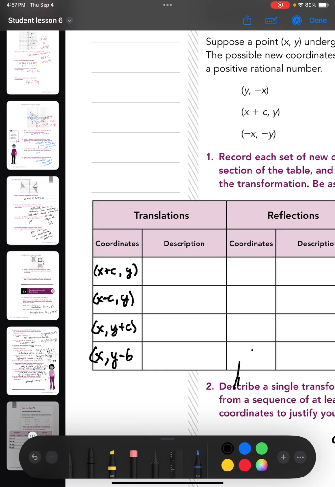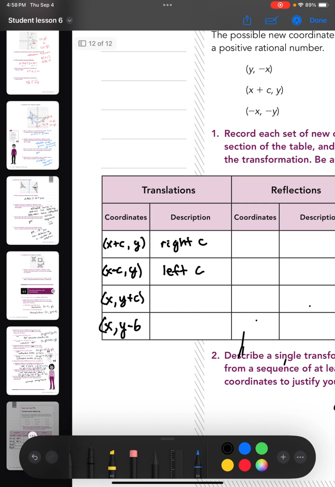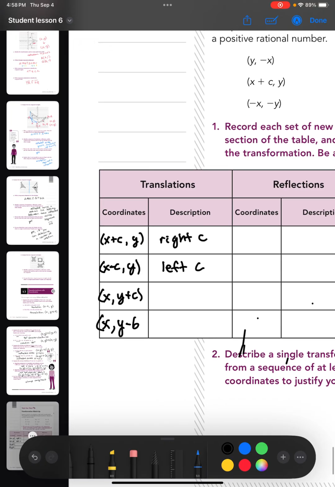So our description: this would be right c units. This would be left c units when we have x minus c. The next two, y plus c, would be up c units, and y minus c would be down c units. So there would be our 4 possible translation rules we're looking at.